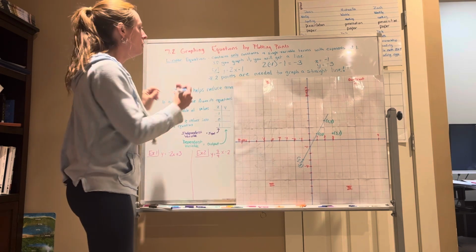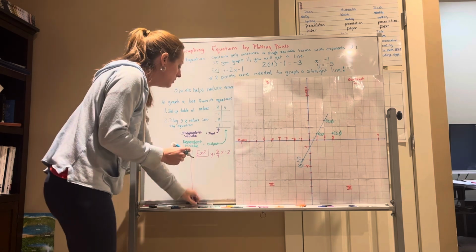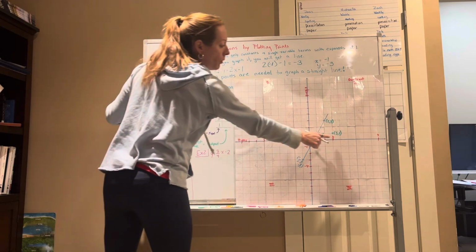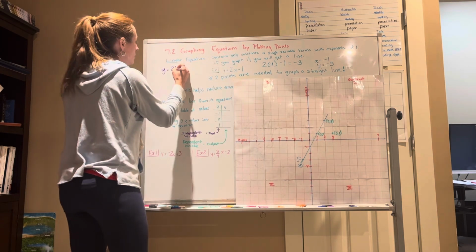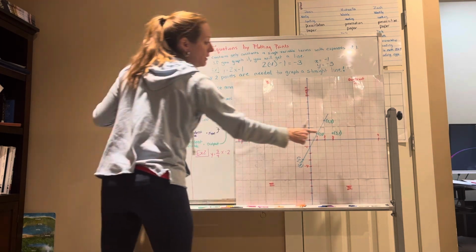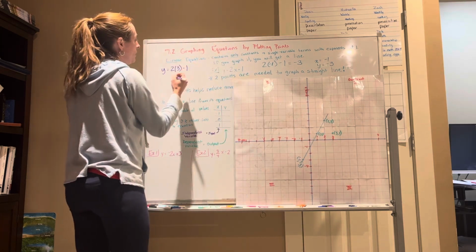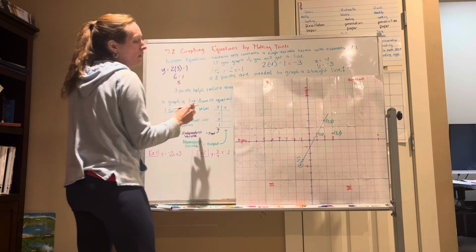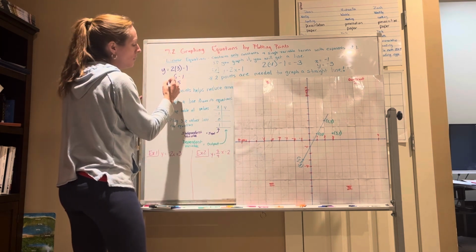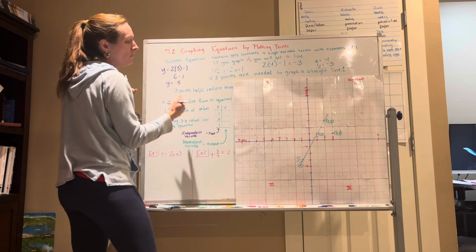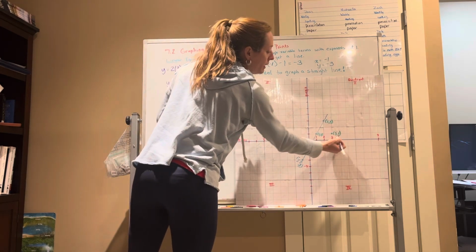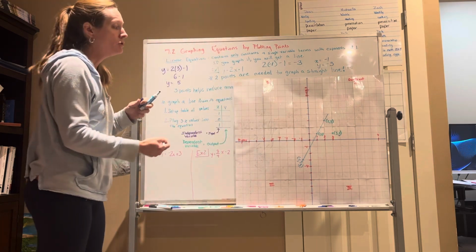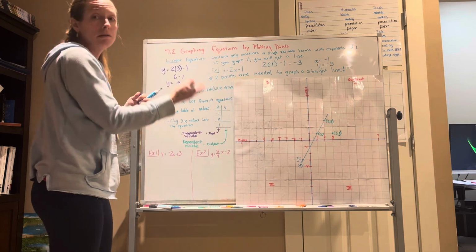To find that out, you would go y equals 2 times 3, because my x value is 3, minus 1, and you'd get 6 minus 1 is 5. Y equals 5. But you get a y value of 1 here. So you know that this point will not be on that line. Sure enough, if you graph 3, 1, you'll see it's not on the line.